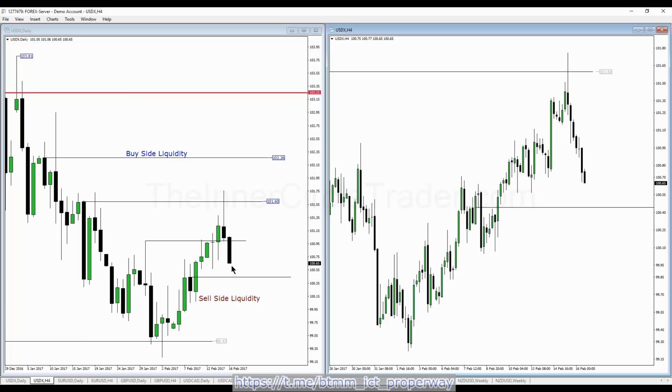Obviously this gives us reason to expect it to potentially roll all the way through and take out these candle lows in here, where the sell side liquidity is resting below the bodies and below the wick. So inside here, there's sell stops in the area of 100.20 to 100.10. So we still have a little bit more downside on the dollar.